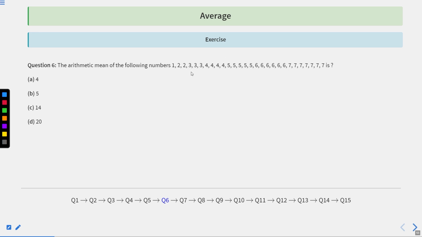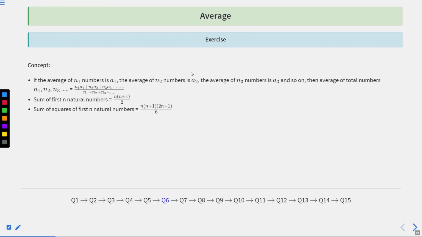The concept that will be useful here is: if the average of n1 numbers is a1, the average of n2 numbers is a2, the average of n3 numbers is a3, and so on, then the average of total numbers will be n1 a1 plus n2 a2 plus n3 a3 plus dot dot dot, divided by n1 plus n2 plus n3 dot dot dot.